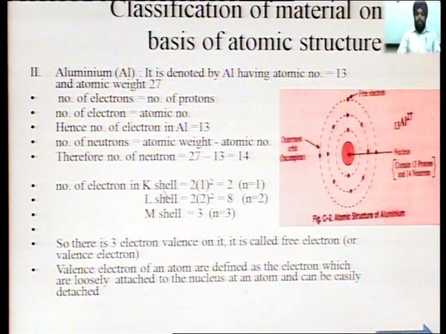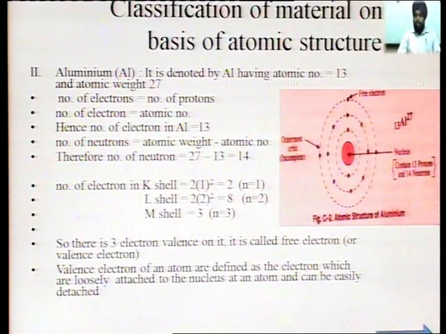Again, in the K shell, the first shell, the formula is 2n squared, n is 1, 2 times 1 squared equals 2, and the number of electrons is 2. In the L shell, the second shell, the formula is 2n squared, n is 2, 2 times 2 squared equals 8. In the second shell, the number of electrons is 8, counting 1 2 3 4 5 6 7 8.